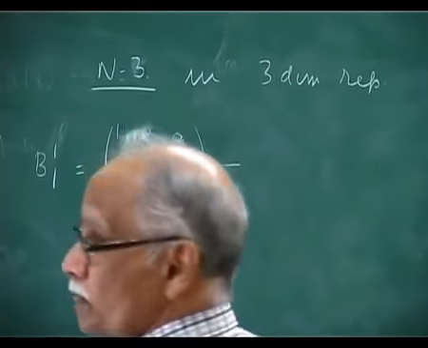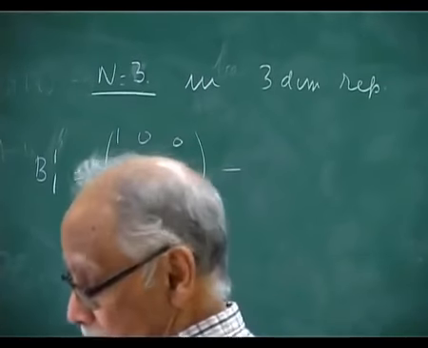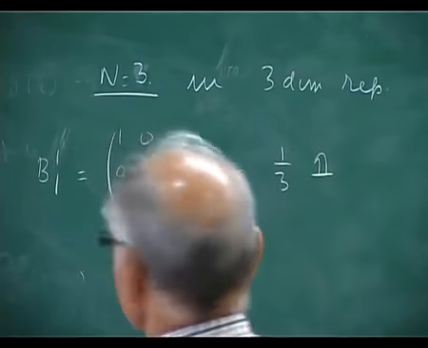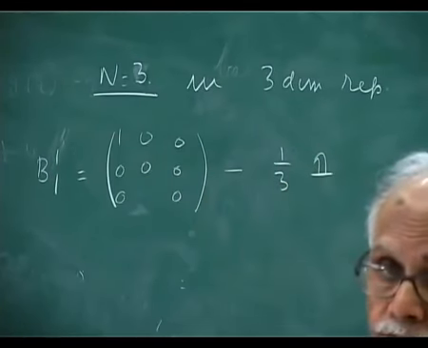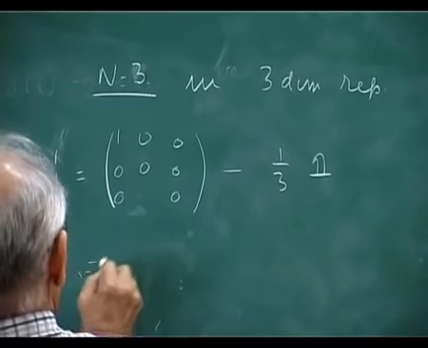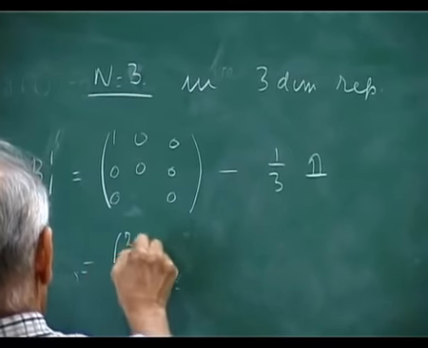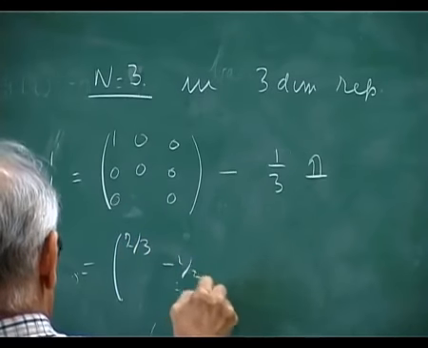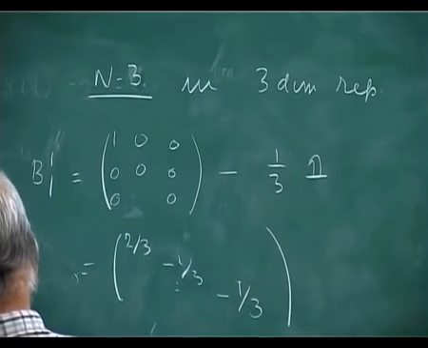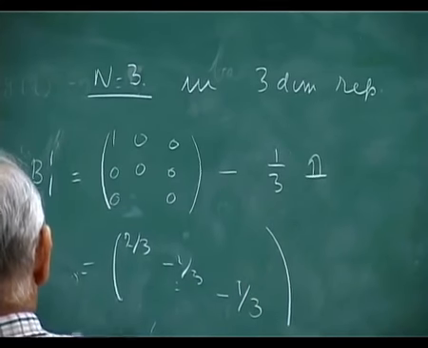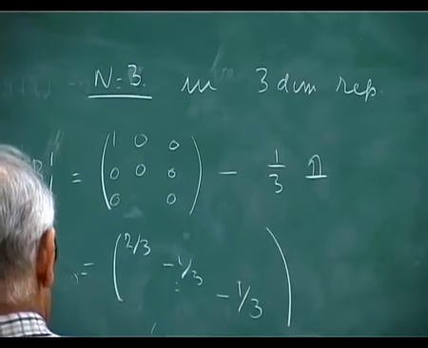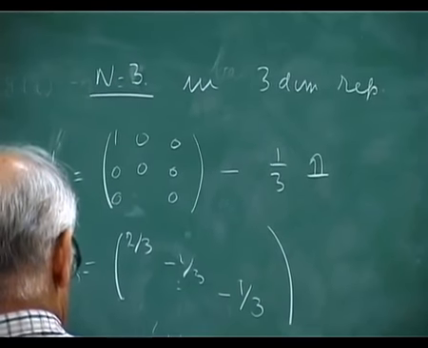Minus, I should take out 1/3 times unit matrix, which is equal to 2/3, minus 1/3, minus 1/3. Okay. Likewise, B22 will be minus 1/3, 2/3, minus 1/3.